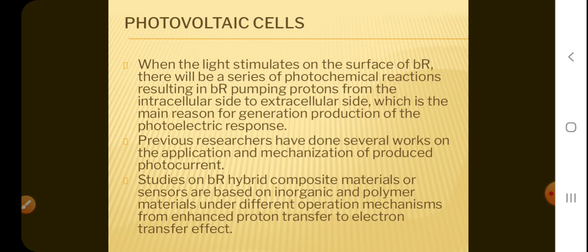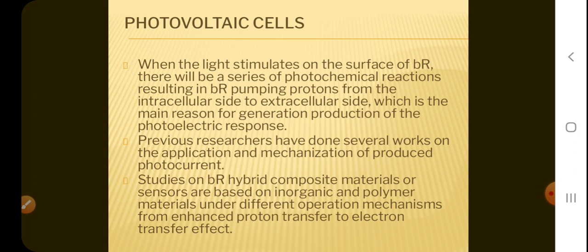So researchers are utilizing this produced photocurrent. Studies on bacteriorhodopsin hybrid composite materials or sensors are based on inorganic and polymer materials and different operations.